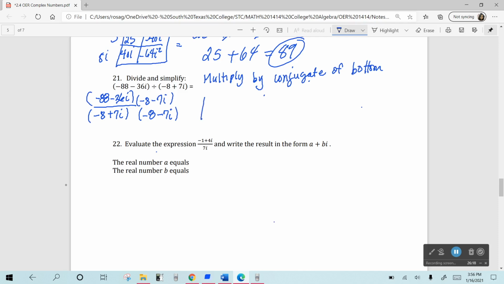So I'm going to do the top. A little small. Let's make a big box.